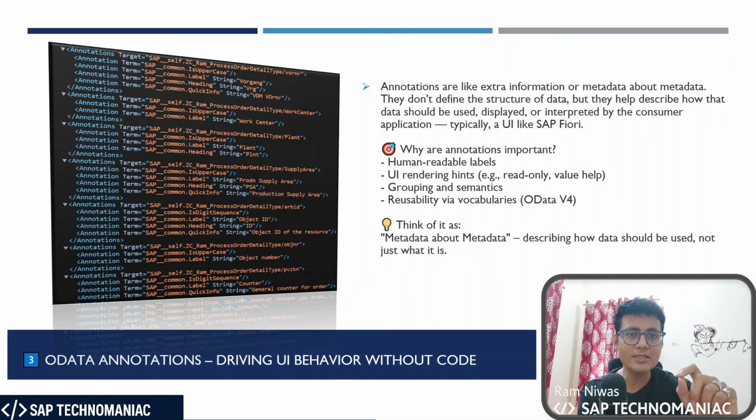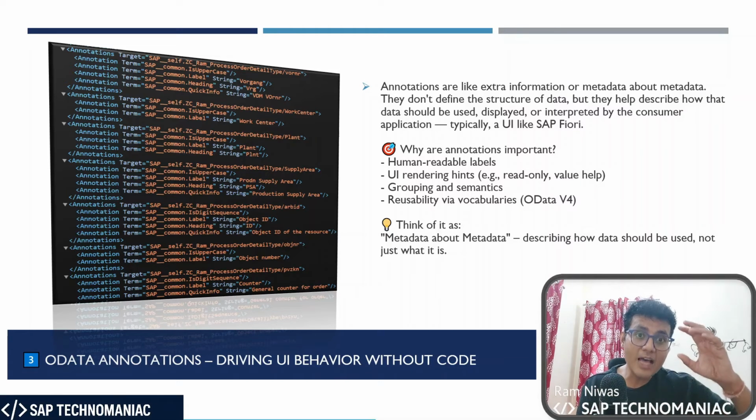So annotations enhance the meaning of data. Whatever your data is having, annotations enhance its meaning: what we can do with that particular data and how it will be displayed. It will help in our Fiori apps. This is part of the architecture. Why?